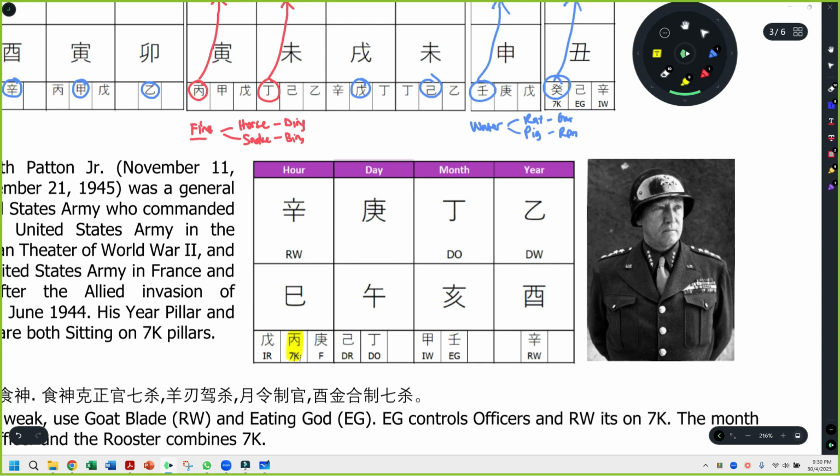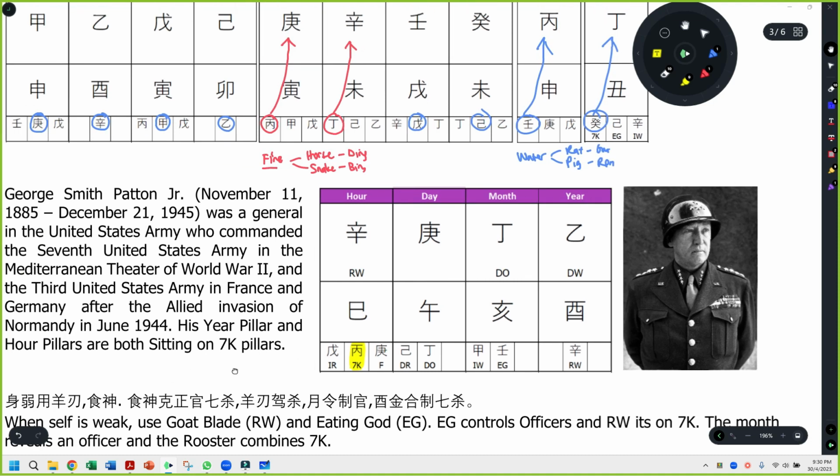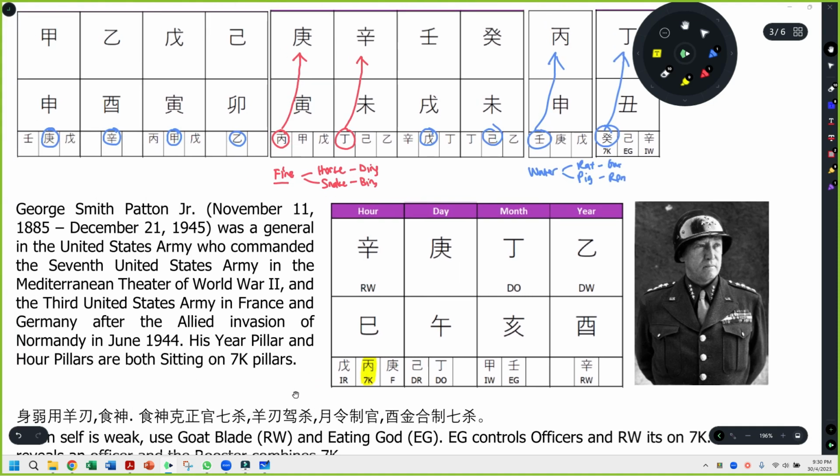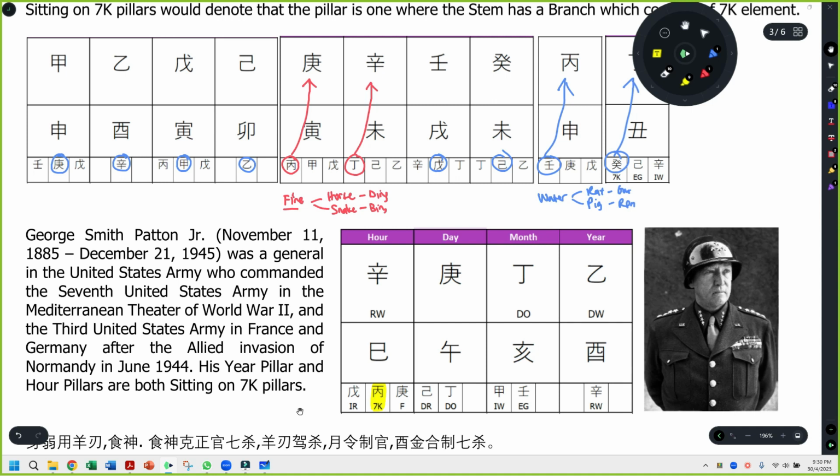But not just do we look into a tiny hidden element. If you just go through what we did just now, then we will find 7 killing is just a very small hidden element on the hour stem. But again, let's look into the Yi You. The Yi You is here.